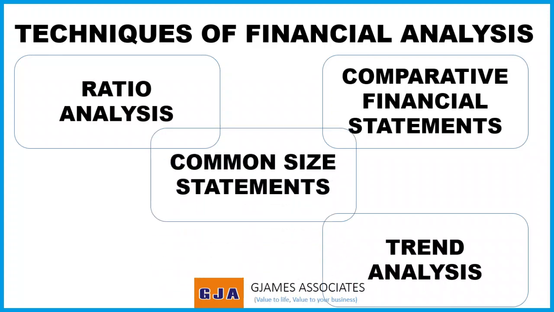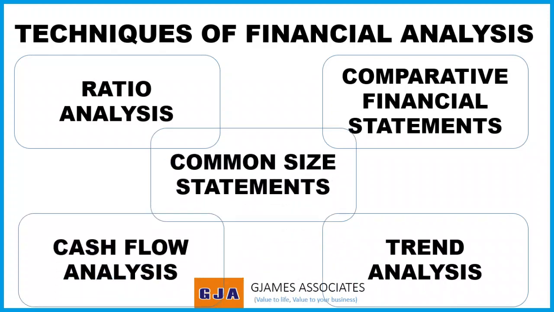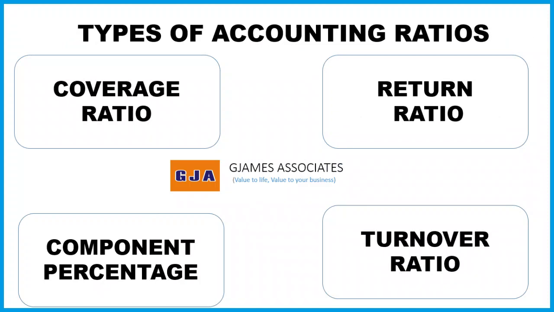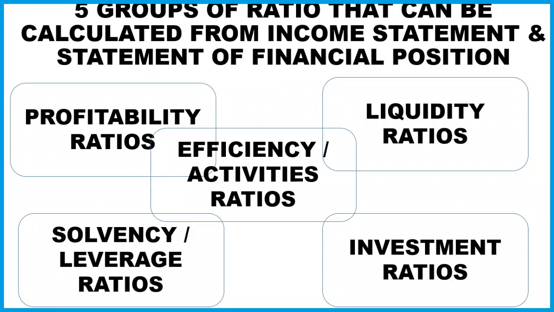There are various techniques in financial analysis which we are already familiarized with, like ratio analysis, which is very popular, cash flow analysis a bit popular too, trend analysis, common size analysis, and comparative financial statement, just like IAS 1 in compliance. Also, we've spoken about types of accounting ratios: recovery ratio, component ratio, turnover ratio, and return ratio.